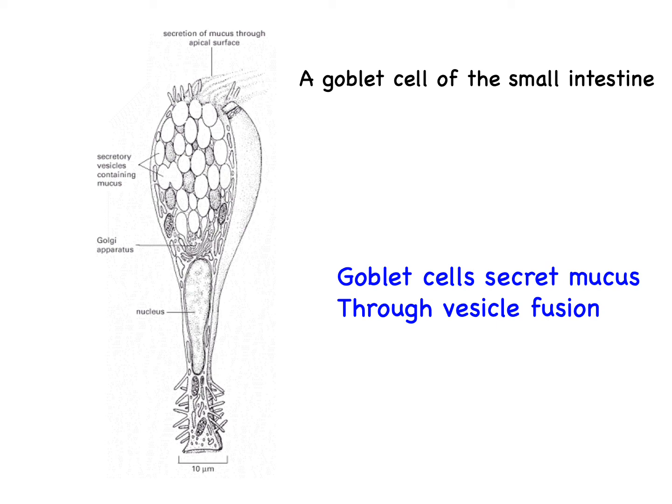But once the proteins are translated, go into the ER and through the Golgi, they're sequestered in these secretory vesicles, and then given the proper signal, those vesicles fuse to the cell membrane and release their content. So this is a mechanism for releasing a large amount of material in a very short time.